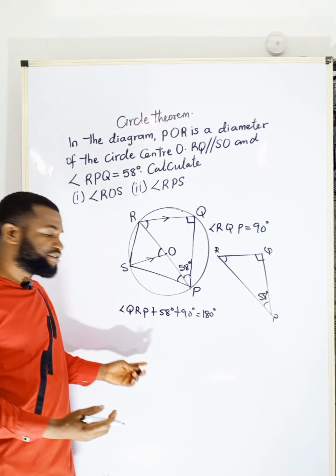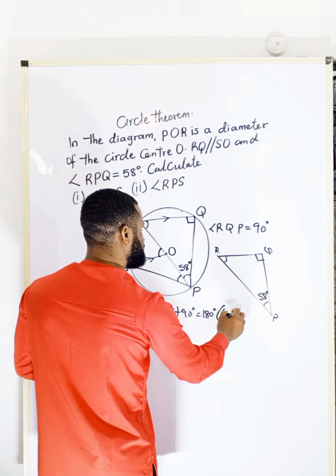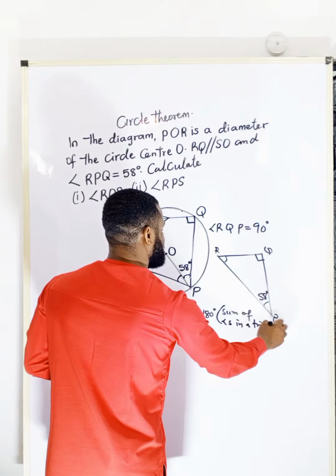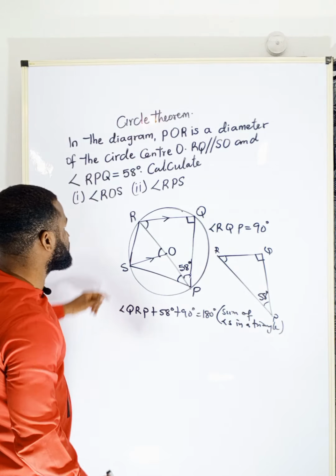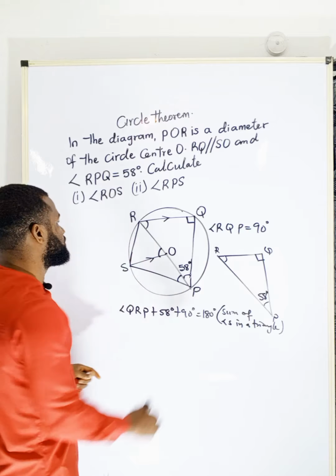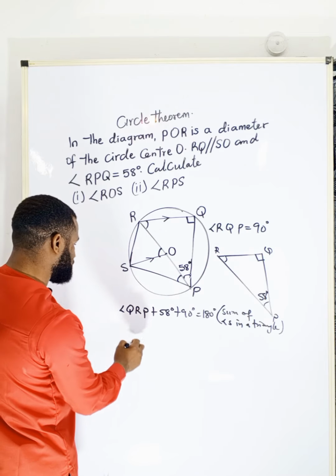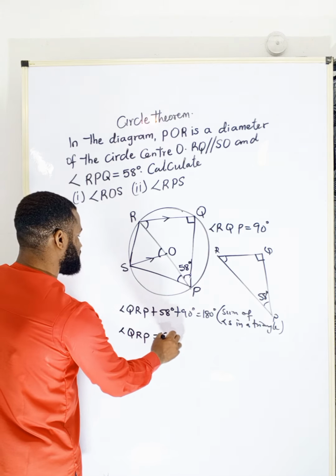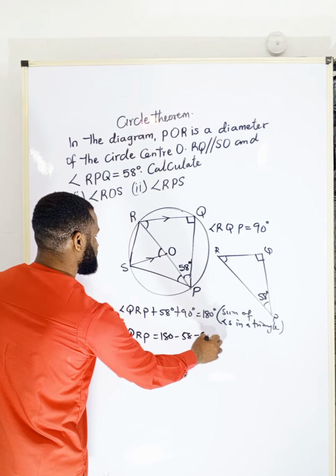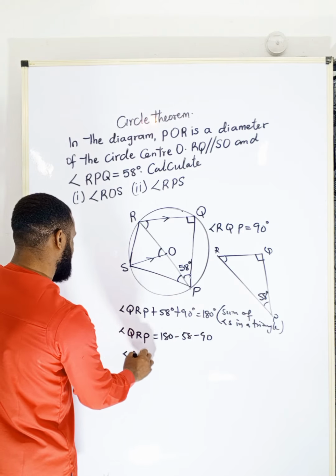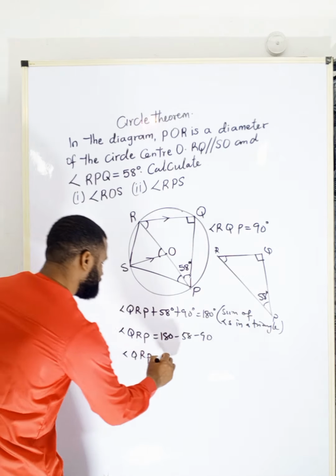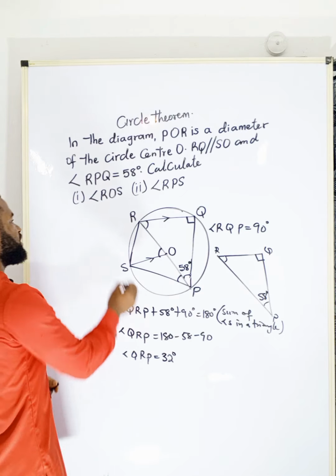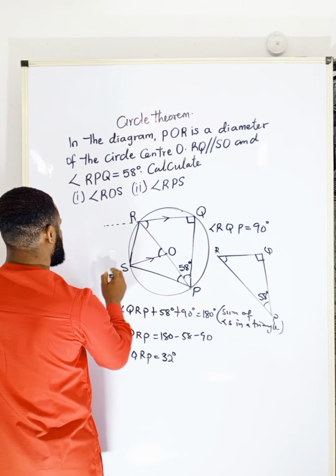You have to write the reason for this, and this is the sum of angles in a triangle. That is talking about angle QRP, this angle. So QRP is equal to 180 minus 58 minus 90. So QRP is equal to 32 degrees.